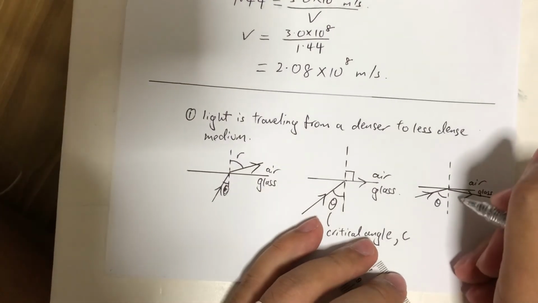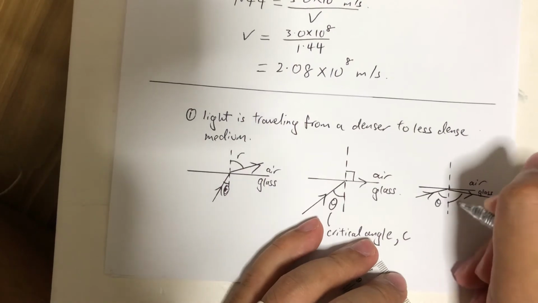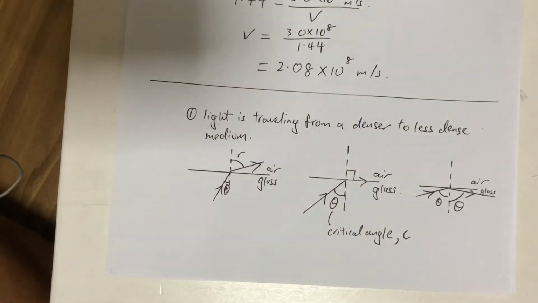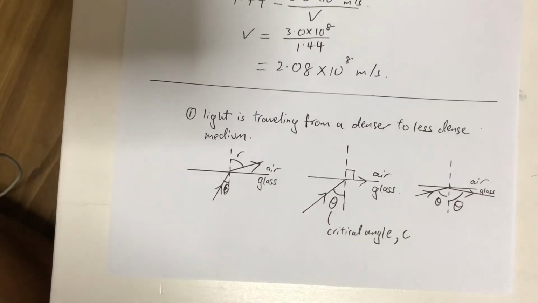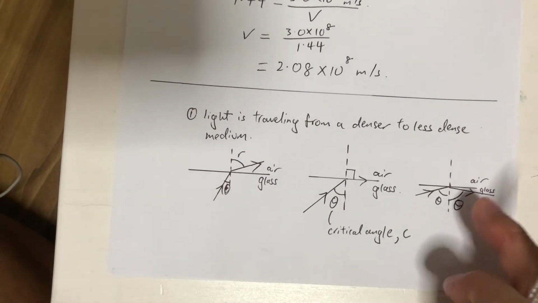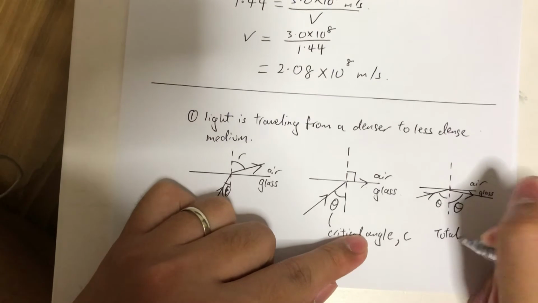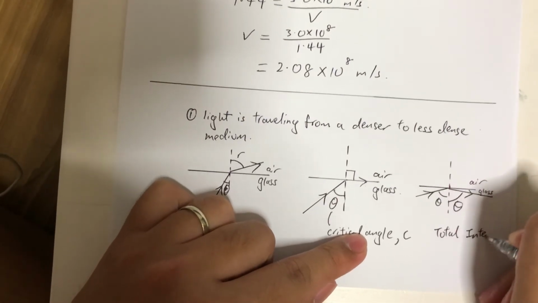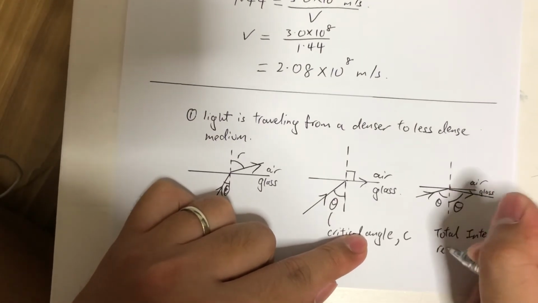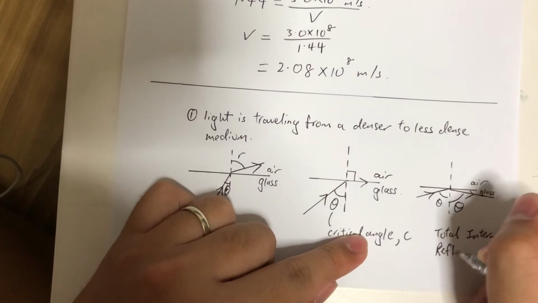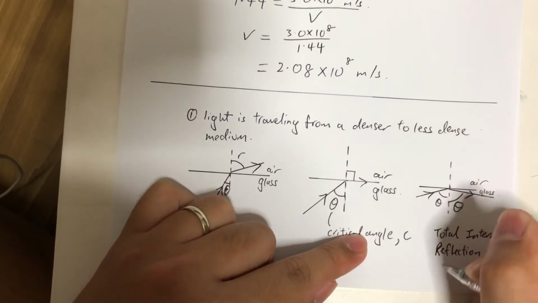Okay, and this is what we call total internal reflection. This situation here, total internal reflection occurs.